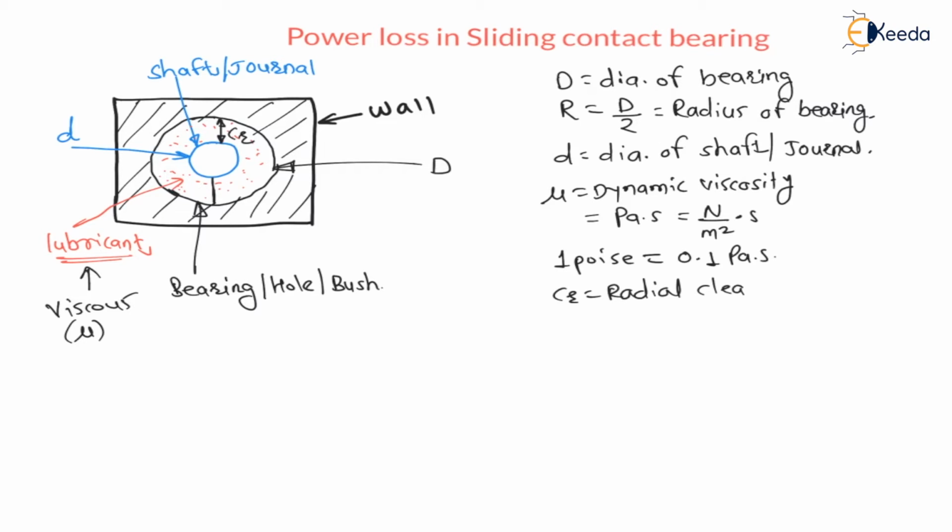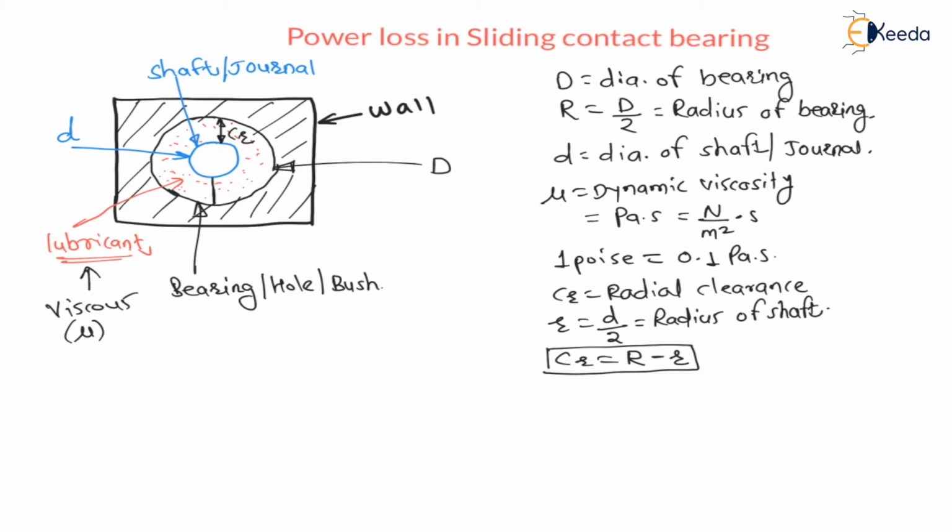Diameter of shaft is small d, therefore radius of shaft, small r, is small d by 2, the radius of shaft or journal. And this radial clearance is equal to radius of bearing minus radius of journal.